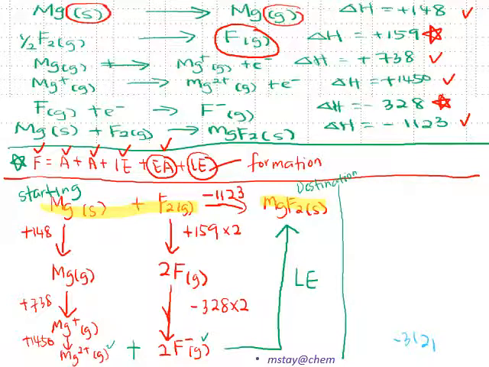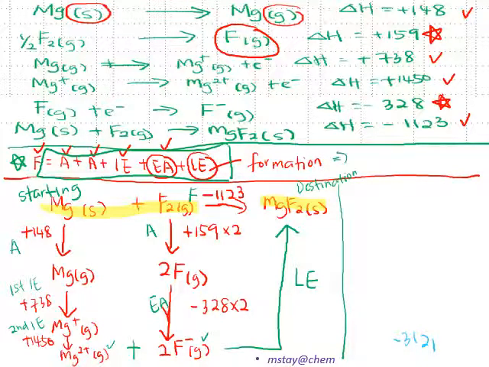Only one step refers to the formation, which equals atomization. This one is formation, atomization, first IE, second IE, and then atomization, electron affinity, and lastly the lattice energy. So basically this formula that you memorize follows Hess's law as well.